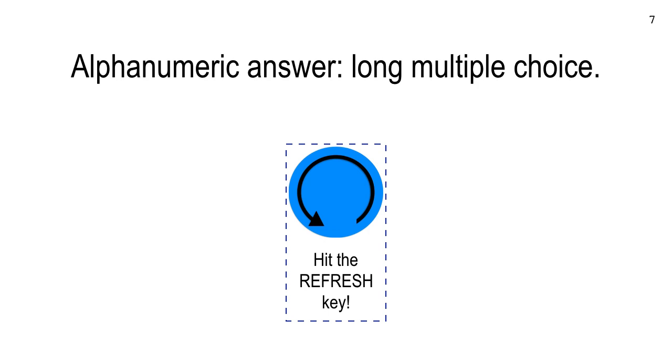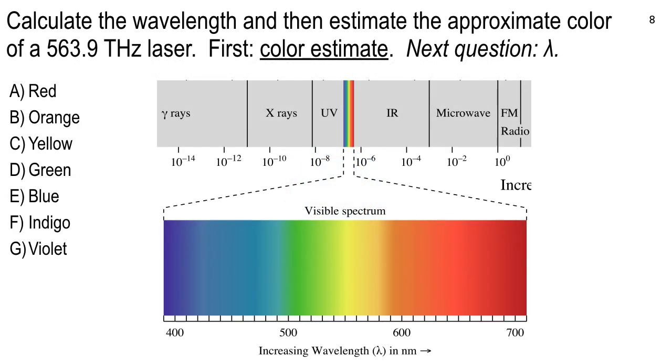This problem is going to take you some time, because what I want you to do is calculate the wavelength first for a 563.9 terahertz laser. All right, and then give the color estimate. So the first thing I want you to do is get that wavelength and then figure out, all right, this is going to be A, B, C, D, E, F, or G. And these are all just Roy G.